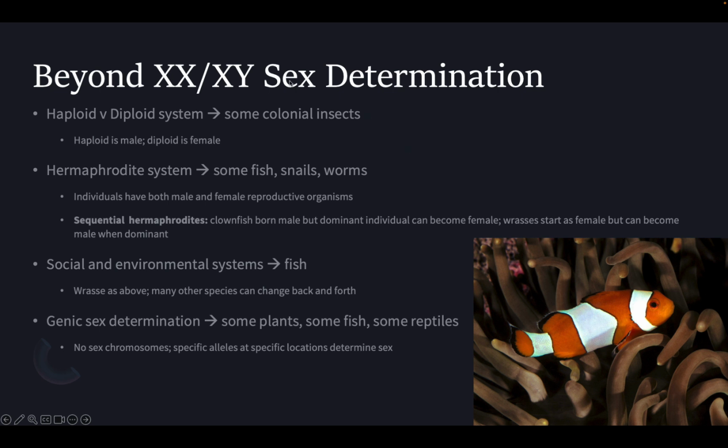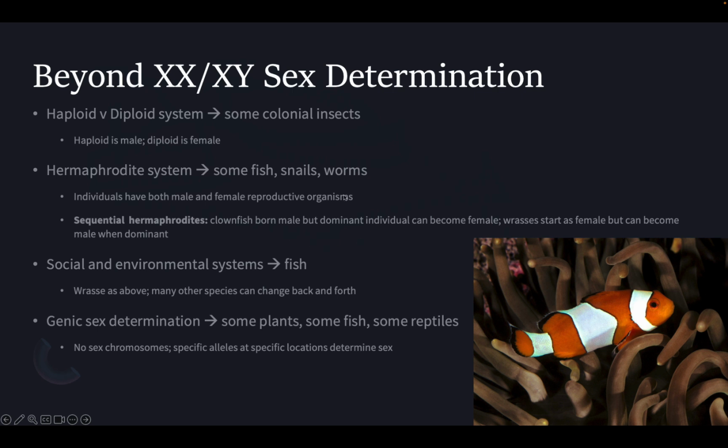Then you can have things like haploid versus diploid, which would be some of your colonial insects like bees, ants, and wasps. If the insect has only one set of chromosomes, it's a male. If it has two sets of chromosomes, it's a female. We have hermaphrodites, which would include some fish, snails, and worms. This is where individuals have both male and female functioning reproductive systems.